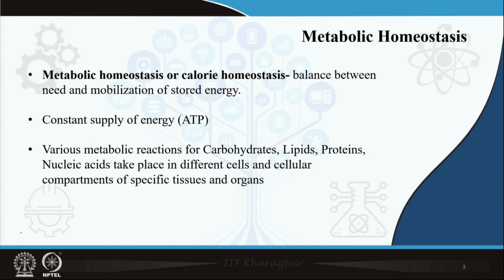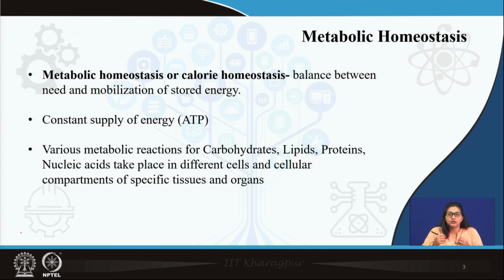Now what is metabolic homeostasis? Remember in our body, the human body or all the cells of every species, every animal, they depend on energy which they obtain from nutrients. Most of the organisms, or human here important, we obtain energy via oxidation of different nutrients.